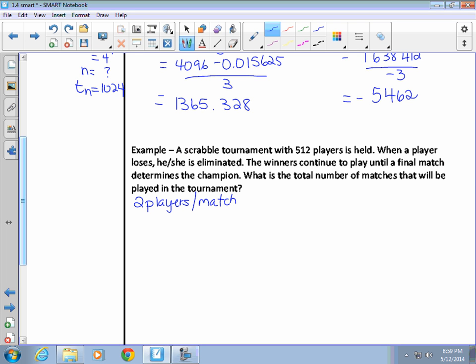So that means, to calculate my first term, that would be the first match. I would have 512 people playing, but there's 2 people per game. So that means there would be 256 matches at the very first round.